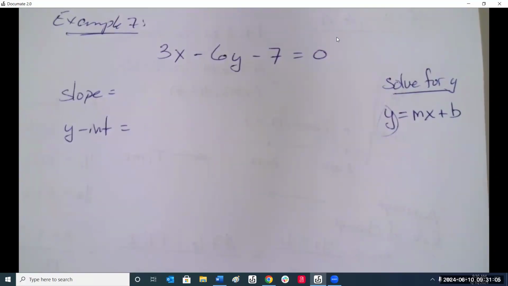Okay, so how do we solve for y? What do we do first? There are 2 ways you can go about this. Let's see if you think about the easier way. That's one way.